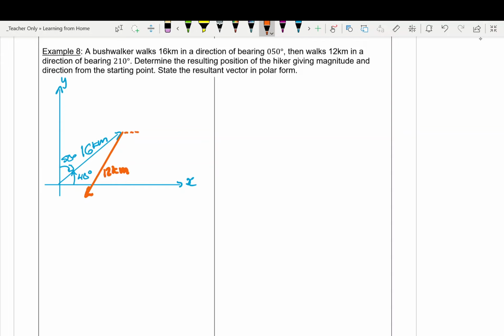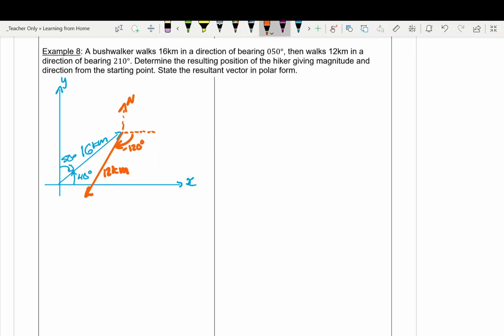And the angle that we care about is the angle that it makes with this positive x-axis. So in this case, that's going to be coming down towards the negative. That's going to be 210 take 90, because it's not coming from north anymore. So 210 take 90. This is going to give us negative 120.